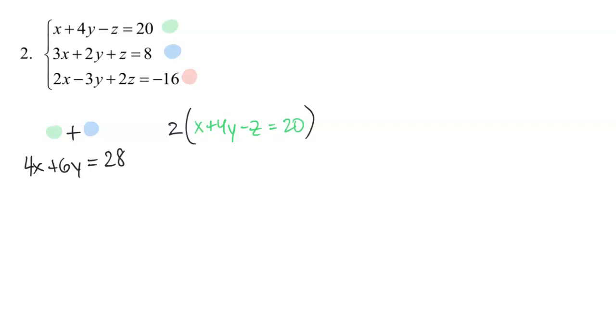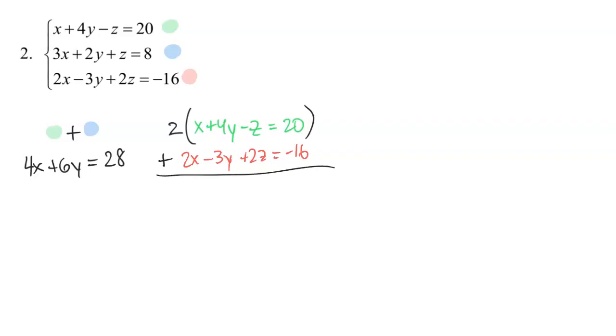Because that's going to make the coefficient in front of z a negative 2 once that 2 gets distributed, when I add it to my red equation, that's going to eliminate the z again. Our red equation says 2x minus 3y plus 2z is equal to negative 16.